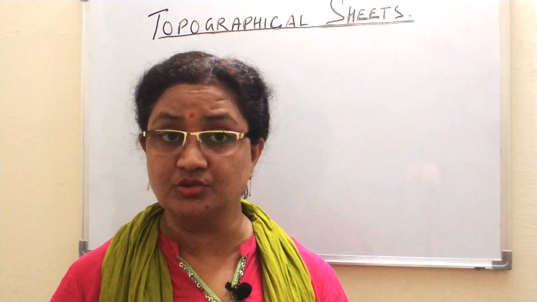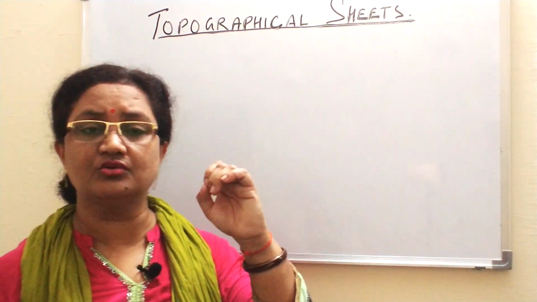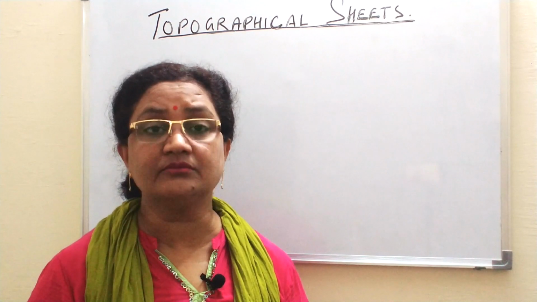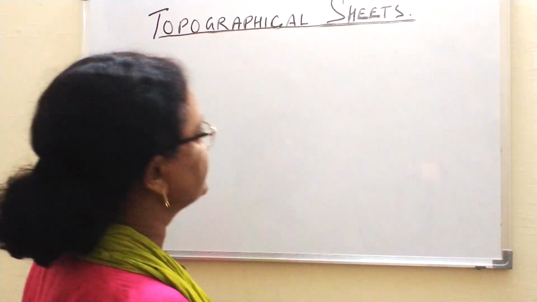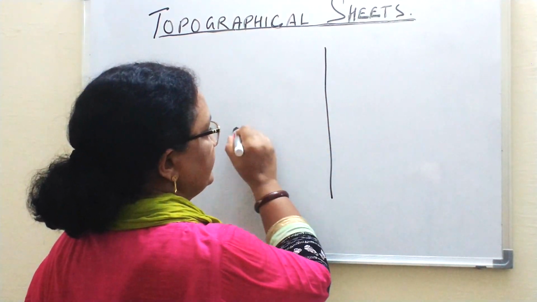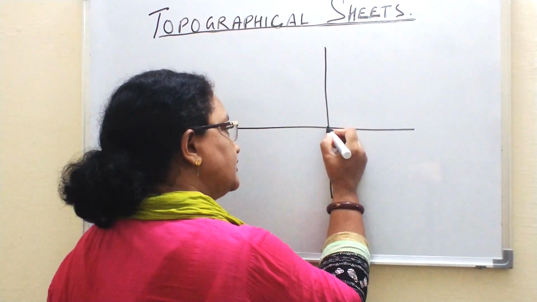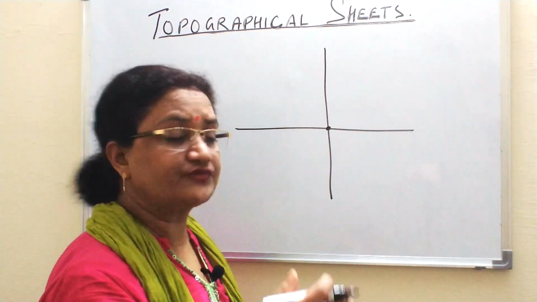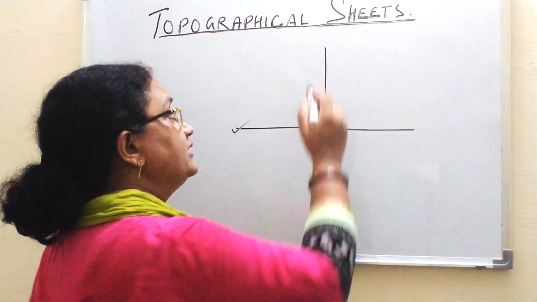Now what is the use of the grid? The grid is used to locate any place on a map. Suppose I give you an example. Suppose a longitude is there and a latitude is drawn over here, and we have to locate a place at this point. First we mention the latitude, then the longitude.